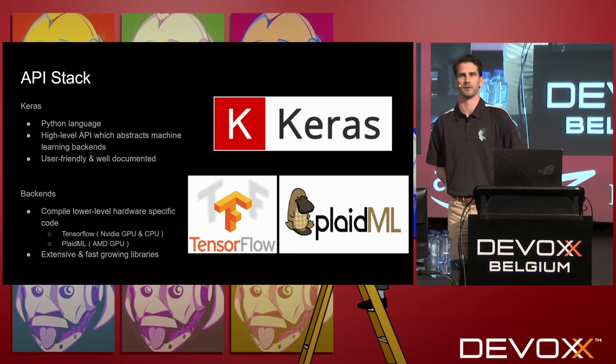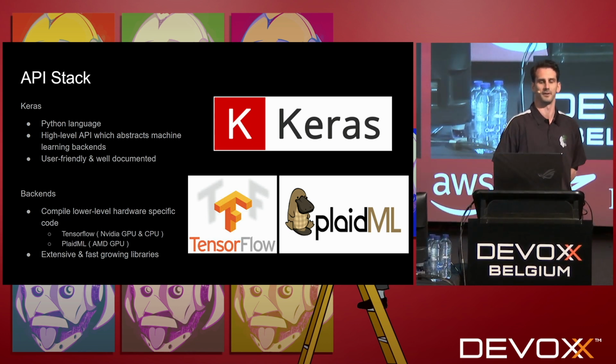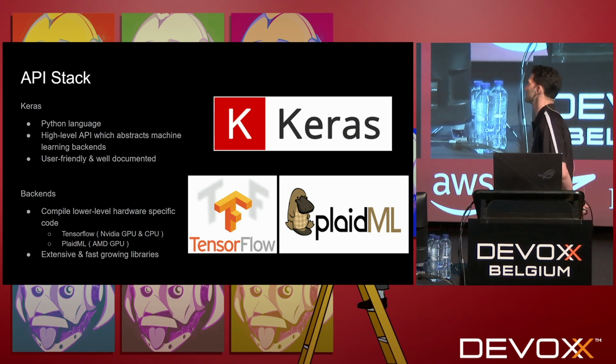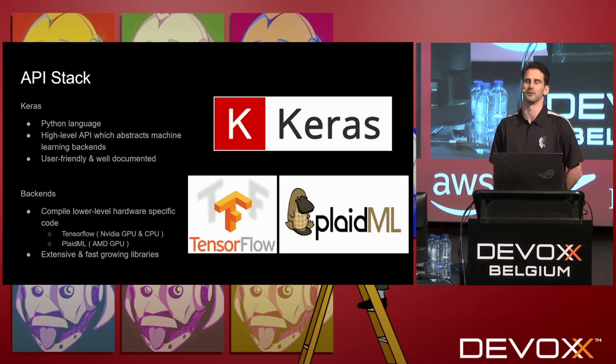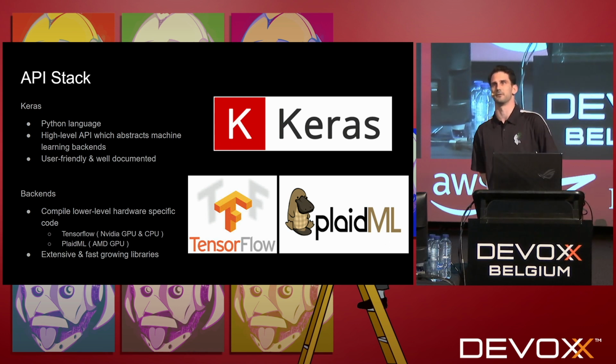I wanted to start out here: we are based in Python. The most important software library of all the ones that we use is Keras, which is a high-level API. It's very user-friendly. It's designed to allow anyone to start learning neural networks and machine learning, building models, training models, running models.